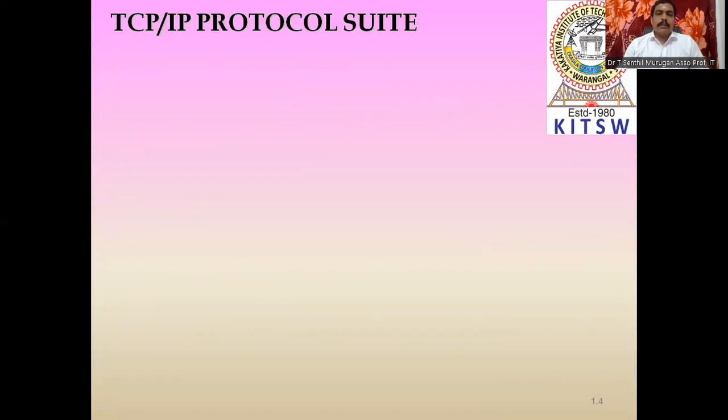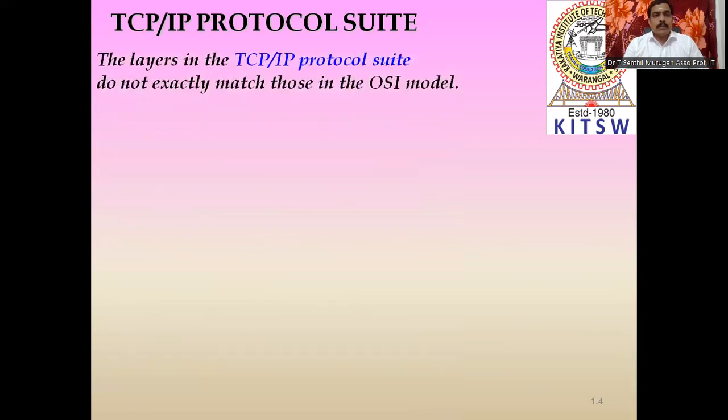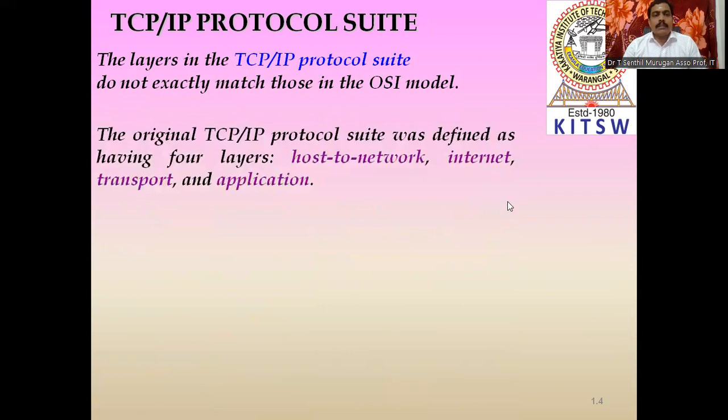So first, before starting, we must know the TCP/IP protocol suite does not exactly match the OSI model. In the previous classroom discussion topic, we discussed the OSI model. In OSI, we have 7 layers: physical, data link, network, transport, session, presentation, and application layers. But the original TCP/IP has 4 layers.